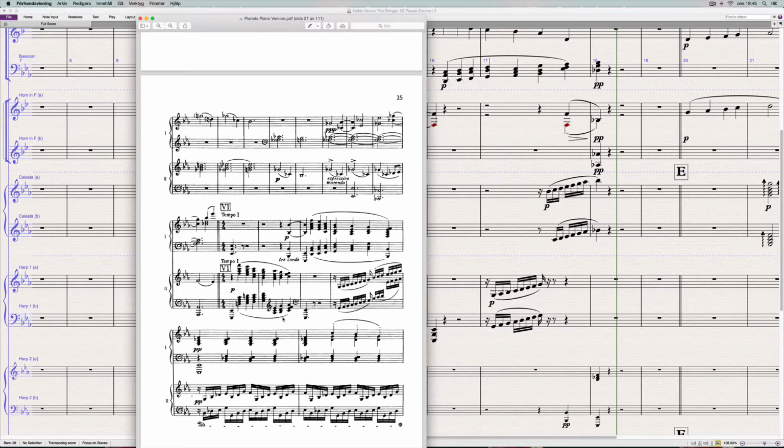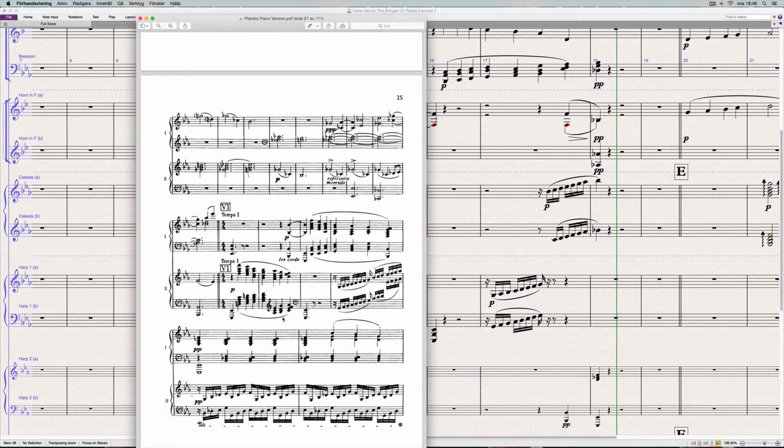And I read that Holst's daughter, Imogen Holst, wrote, I think maybe it was the preface to this score or somewhere else, I don't remember, that when he wrote The Planets, he didn't feel that the pianos could really give that depth of experience that he wanted for this big work.